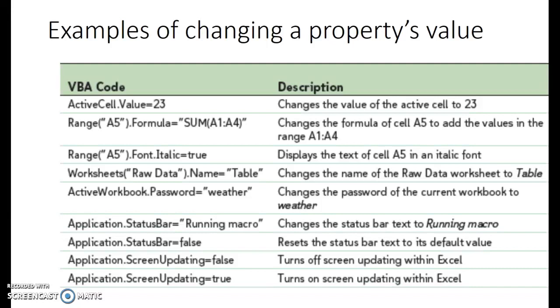The easiest one for you to understand here in terms of code is the active cell. It had another value a minute ago, and this code on the top line changes the value of that cell to 23.